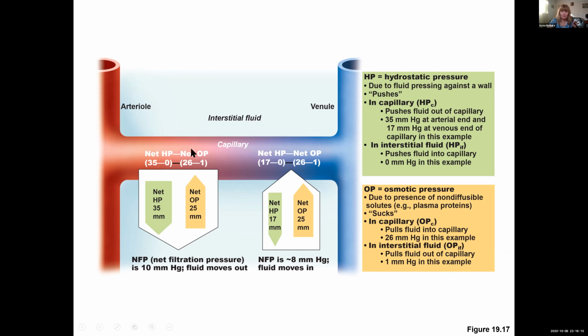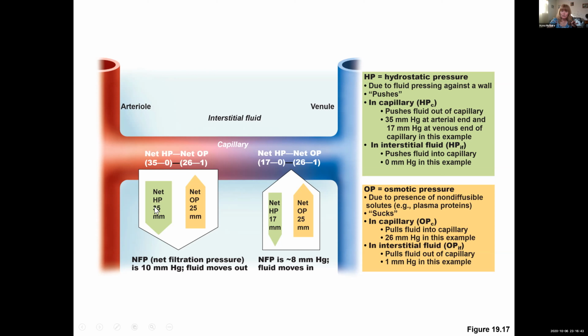So in the capillaries, we have hydrostatic pressure, HPc, where little c means it's inside the capillaries. You also have hydrostatic pressure of interstitial fluid, HPif, but this should be 0. So you have 35 millimeters mercury hydrostatic pressure here, and 0 millimeters mercury in interstitial fluid.